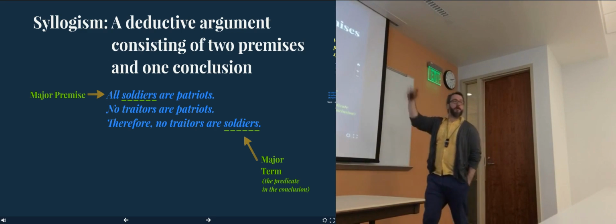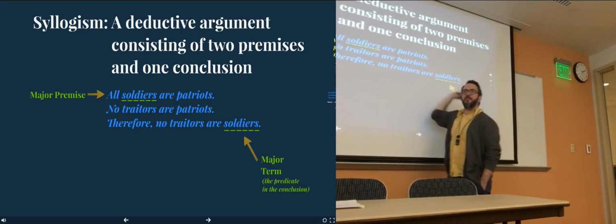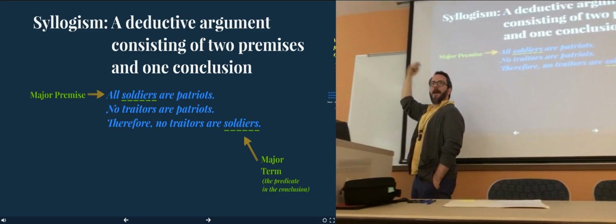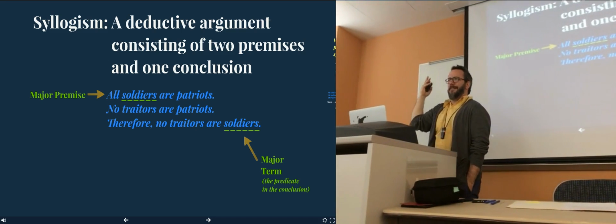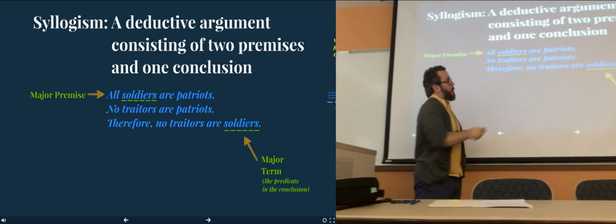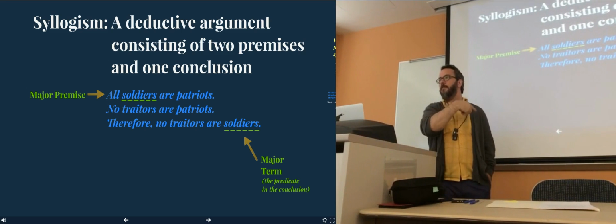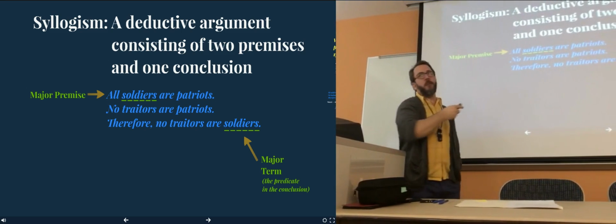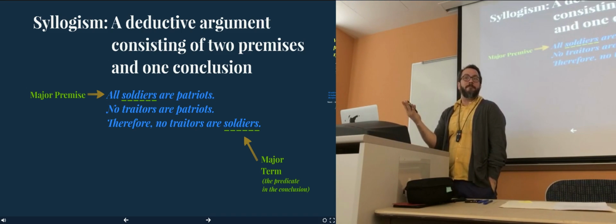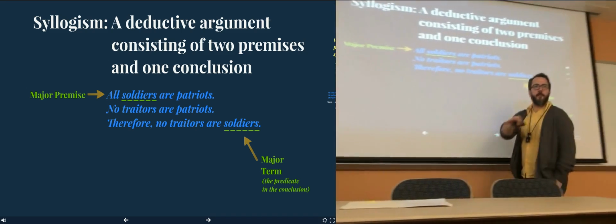There's no way this argument's going to work if the predicate of my conclusion isn't also somewhere in my premises. Otherwise, I'll just be pulling that predicate out of thin air, and that's not how a valid argument is supposed to work. So it's going to occur as the predicate of my conclusion, and it's also going to occur in one of my premises. The premise where my major term occurs is called the major premise. That's why we call it the major premise, because it's got the major term. Good so far?